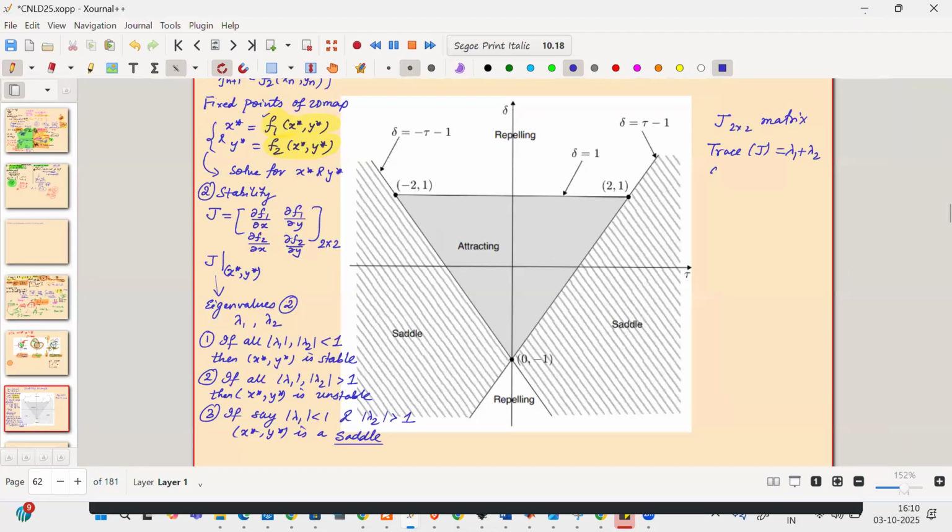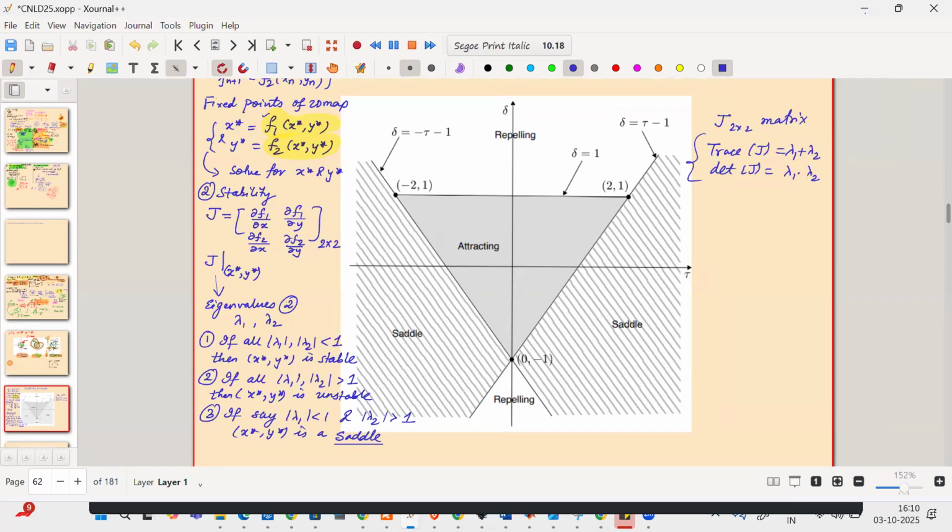What is the determinant of J? It is the product of the eigenvalues. This idea is really helpful in machine learning. The trace being the sum of eigenvalues and the determinant being the product of eigenvalues is one of the most important concepts in linear algebra, a bread and butter idea. Everywhere you can use this to understand many different concepts.